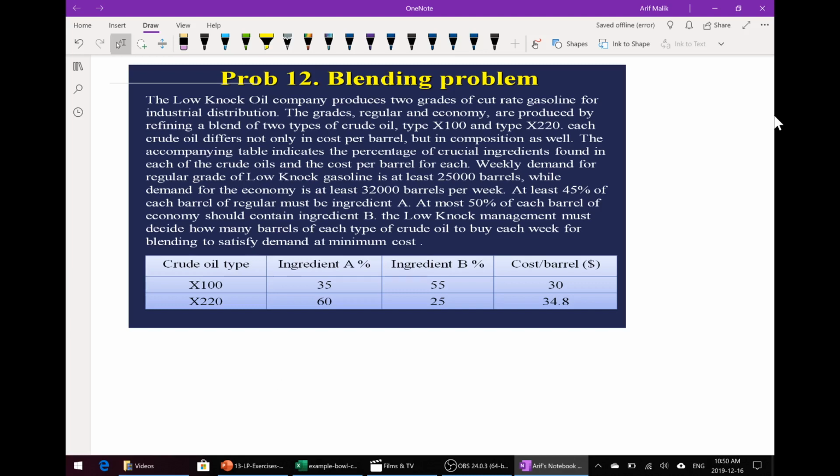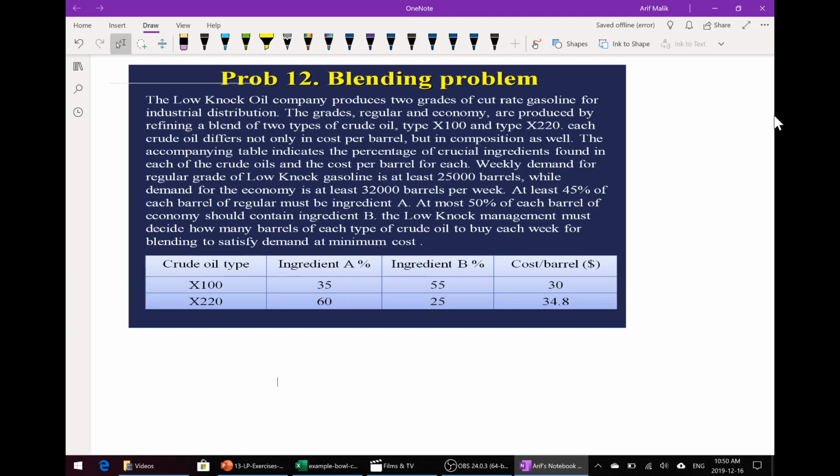Okay, let's see problem number 12, a blending problem. The Low NOx Oil Company produces 2 grades of cut rate gasoline for industrial distribution. The grades, regular and economy, are produced by refining a blend of 2 types of crude oils, type X100 and type X220. Each crude oil differs not only in cost per barrel but in composition as well.